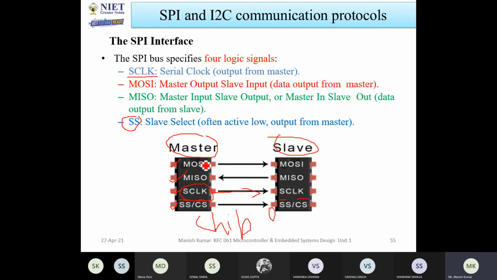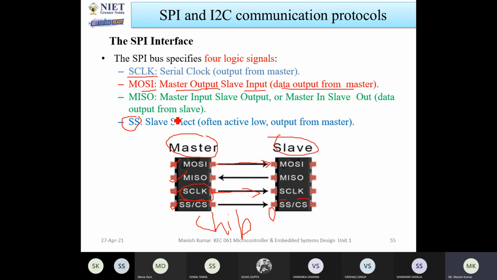Now there are 2 pins left, MOSI and MISO. What is the meaning of MOSI and MISO? MOSI is master output slave input. This pin indicates data output from the master device. You can see in the MOSI, the output pin goes to the slave, so with the help of this pin you can transfer the data.